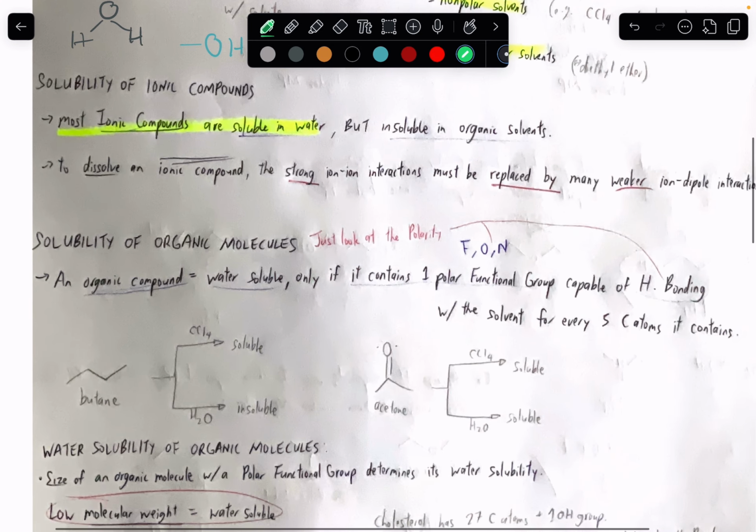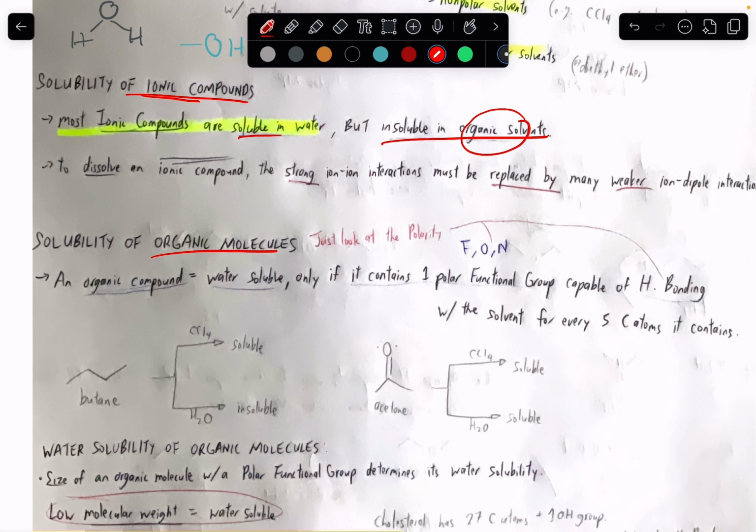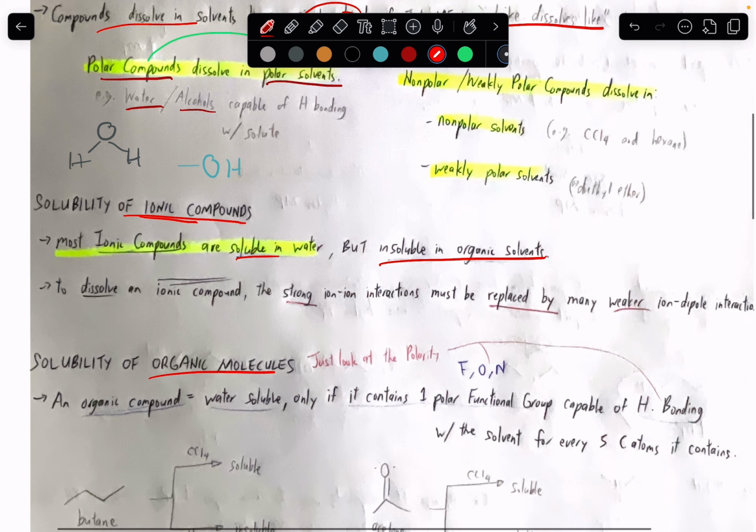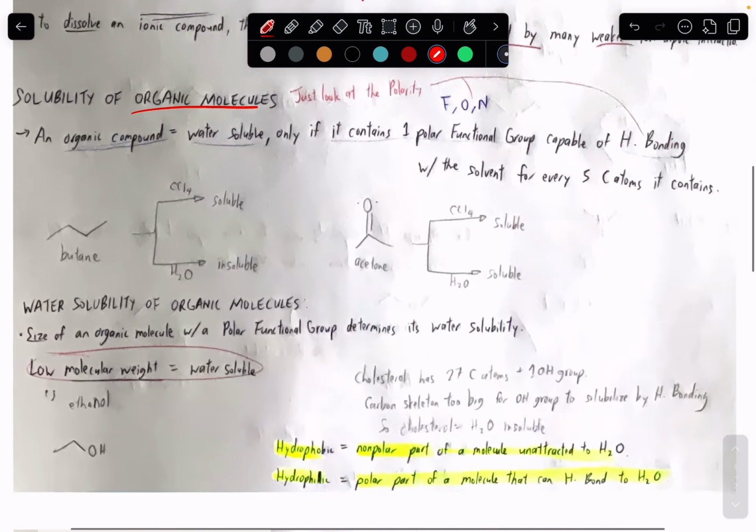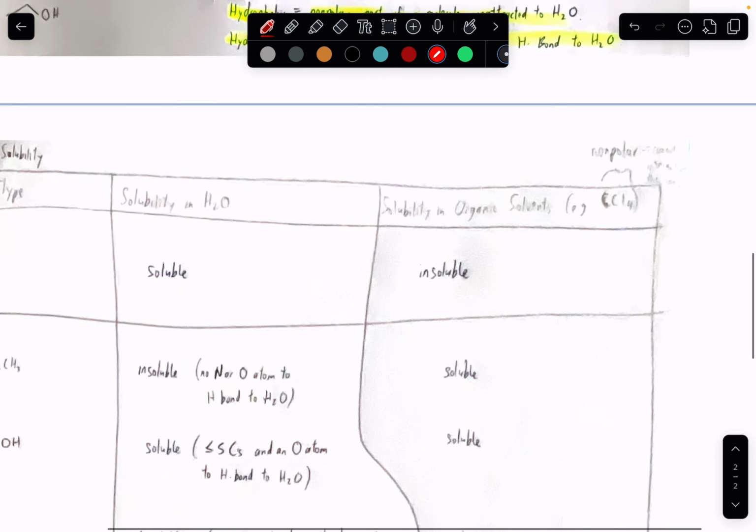Okay, solubility of ionic compounds naman. Basically, we're testing the solubility of ionic and organic. So for ionic, they are soluble in water, but they are not soluble in organic solvents. Isang halimbawa ng organic solvent is ito, CCl4. Tama, no? Yeah.